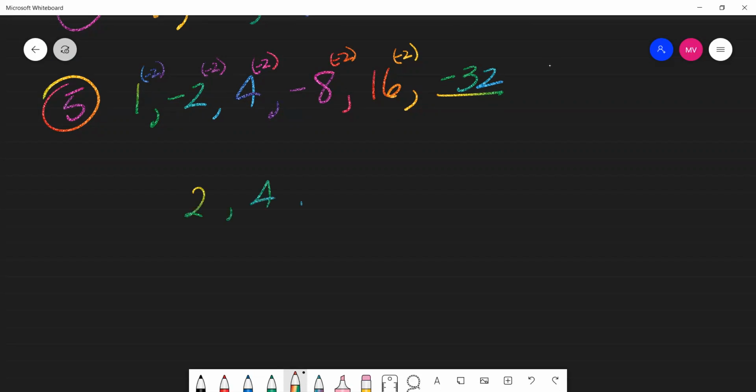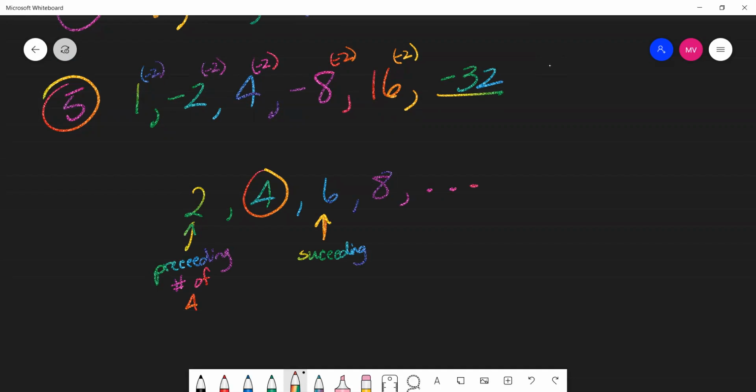So if I have the sequence, let me just show this to you guys. If I have a sequence, and I'm looking at the number 4, then 2 is the preceding number. 4, that's a preceding term. 6 is the succeeding number of 4.